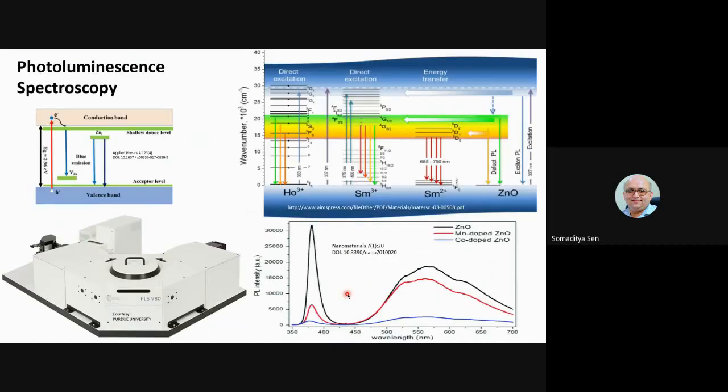Once you find the band gap, then you also need to know what other effects of doping can be there. Or even if I say not doping, something internal problem in the lattice itself. When I say so, what do I mean? Suppose when you are making the material, you have treated it in an oxygen-less atmosphere, or maybe a minimized oxygen atmosphere.